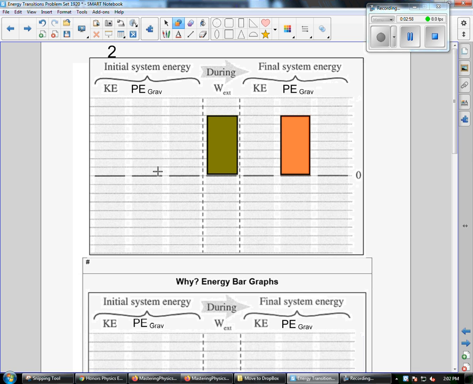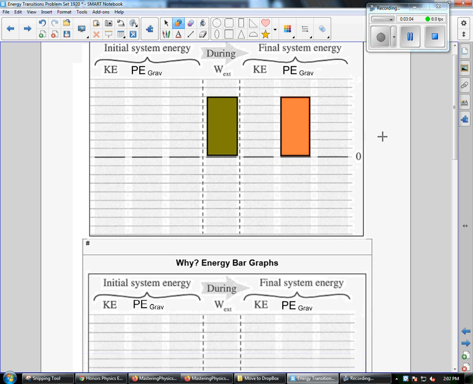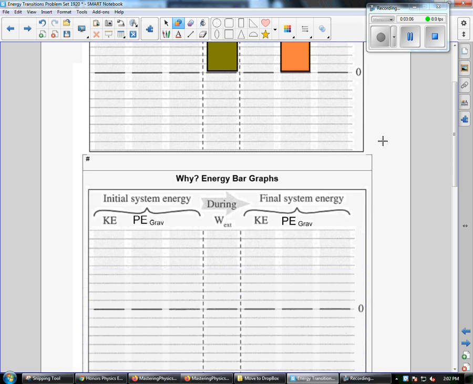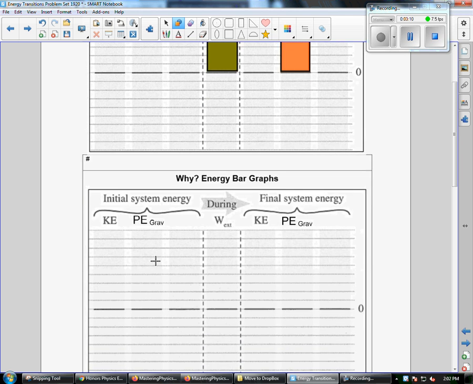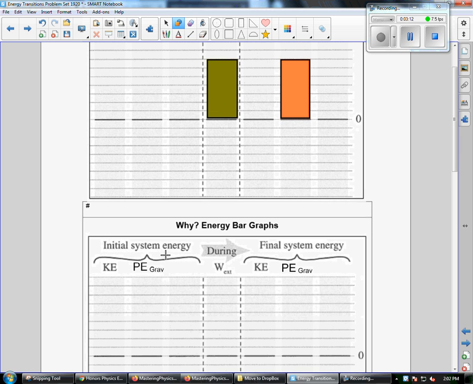So now, initial plus during equals final. Yay! Now whatever the final was at the top is going to be the same as my initial here. What did I do? 1, 2, 3, 4, 5, 6, 7.